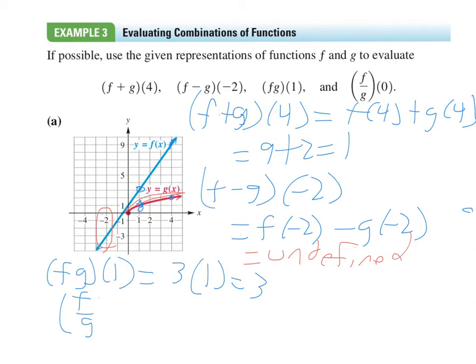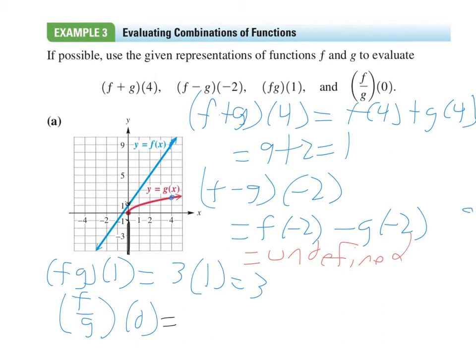Now f over g of 0. Alright, let's start off with f of 0, which is right here. It's 1, because remember, where x is 0, that's just the y-axis, because the y-axis goes through where x is 0.